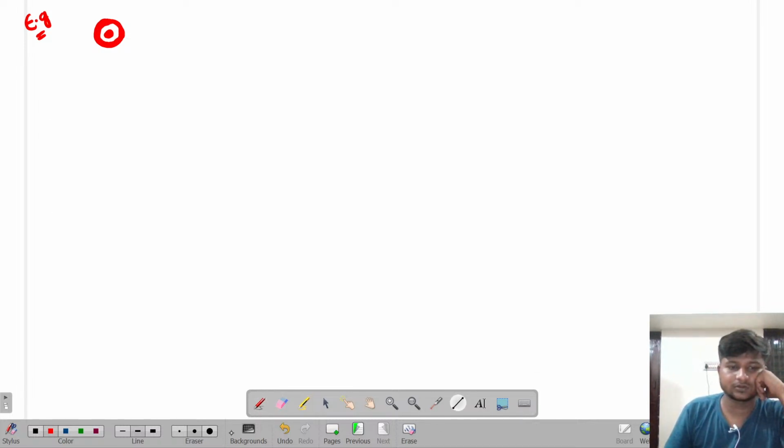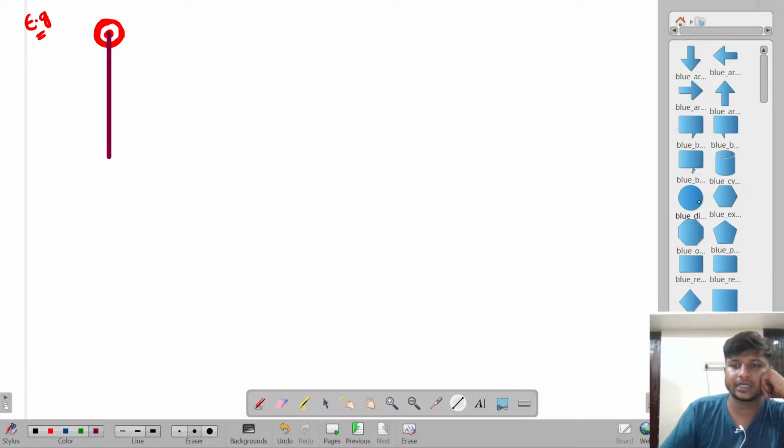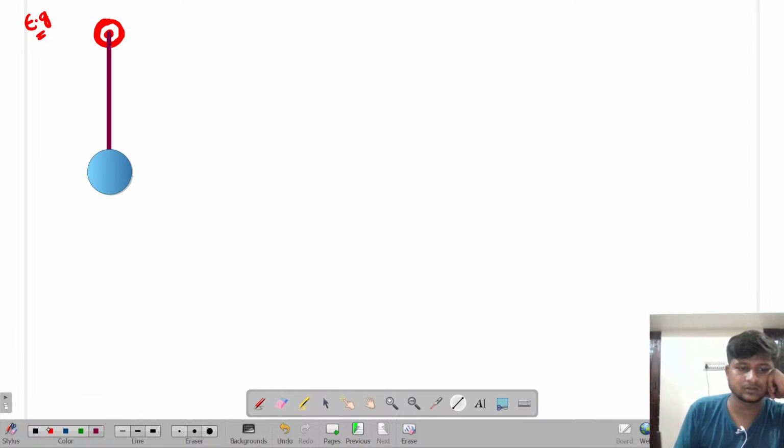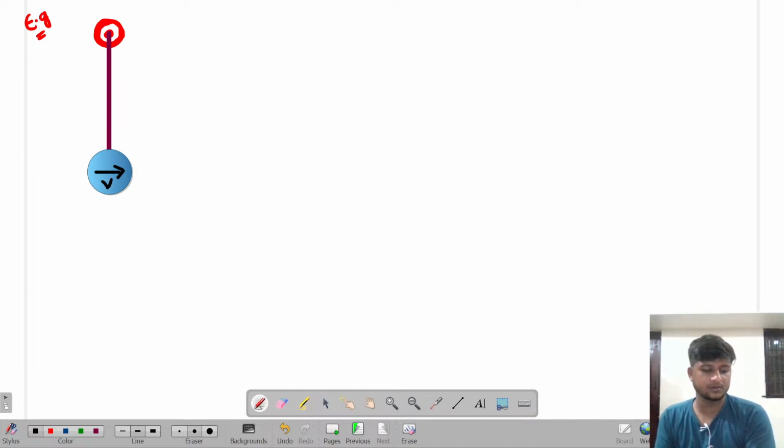There is a hinge. And with it, I attach a disc. And this disc is given some velocity along this direction. Are you able to get me or not?